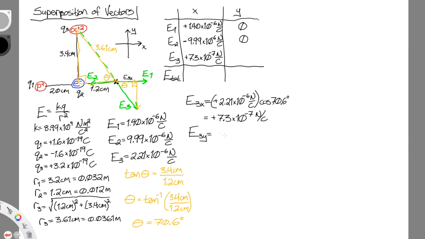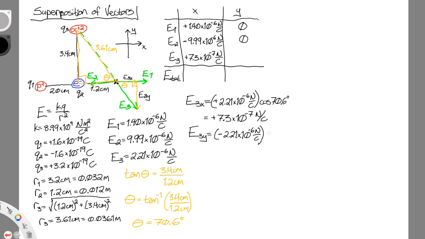The y component, on the other hand, will still be the magnitude times a trig function. But if x was cosine, y has to be sine. And just to double check, E3y over here is, one, it's pointing down, so we need a negative sign because down is negative y. And it is the opposite component of this triangle because it does not touch the angle theta.